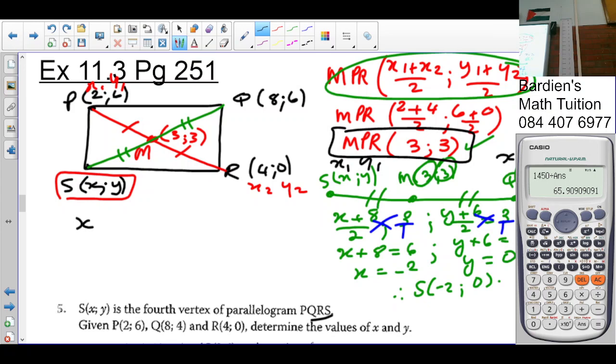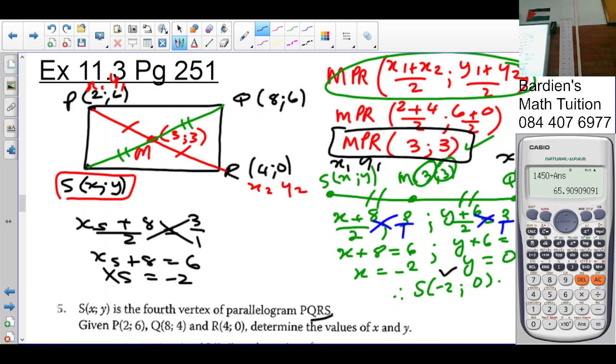X plus 8 equals 3 over 1, yes. And then I cross multiply. Yes. And then I say x plus 8 is equal to 6. And then I said x is equal to 6 minus 8, then x is equal to negative 2. Yeah, so that makes it right, yes.